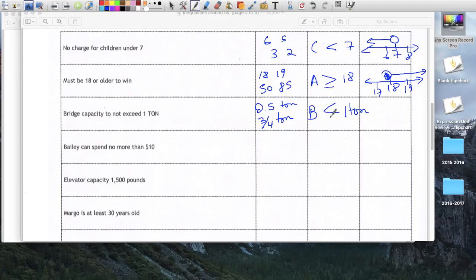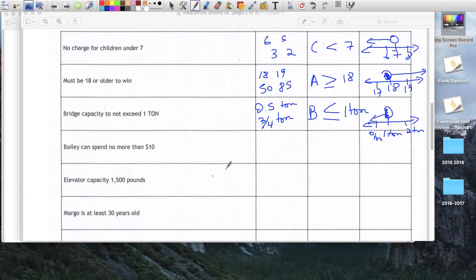Can you also be exactly a ton? Yes. So anything under a ton and up to a ton, you're okay. So in this one, you might want to write 1 ton, 2 tons, etc., and go 0 tons. So your weight has to be anything that is 1 ton shaded or less.